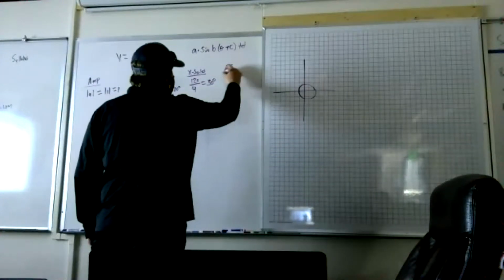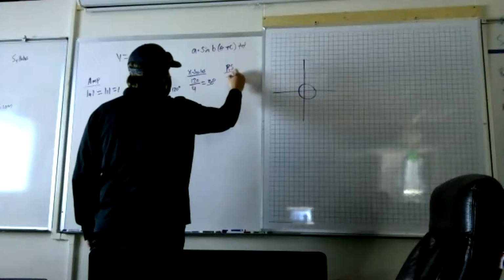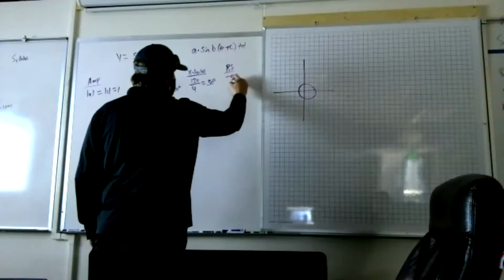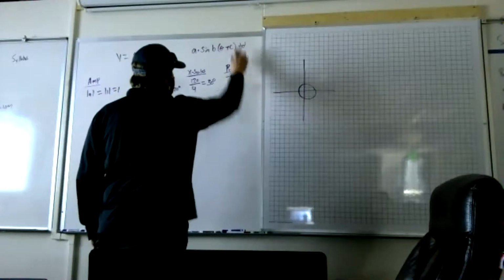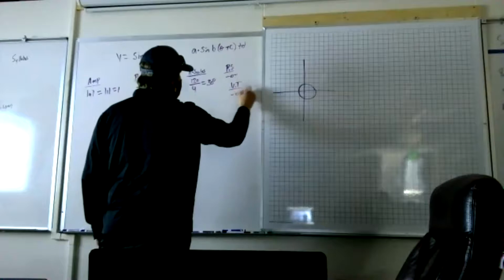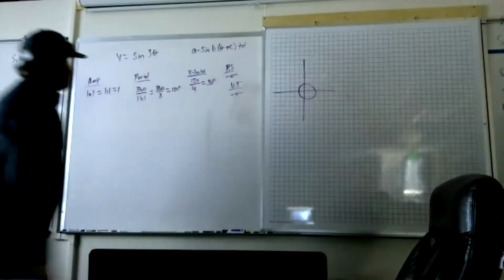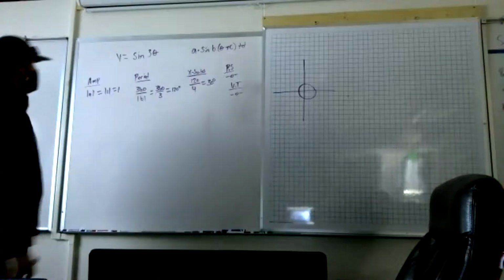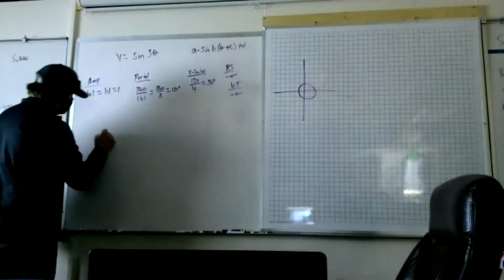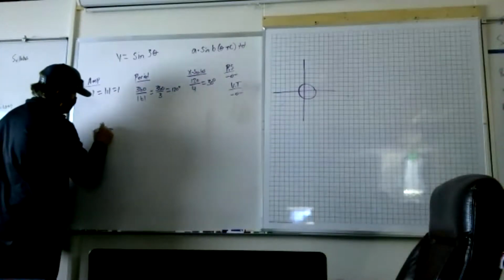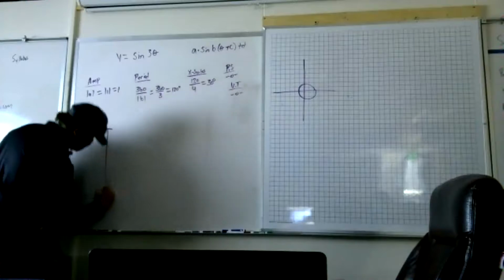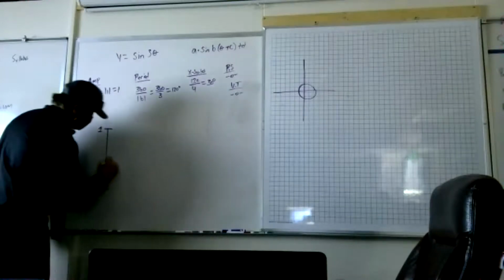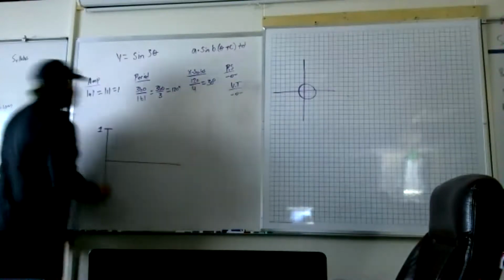Phase shift. Your value of C is 0, so there is no phase shift. Vertical transformation, your value of D is 0, so there is no vertical transformation. All we did, once again, is adjust the period with an amplitude of 1. So we go from 1 to a -1. Our midline is still the x-axis.